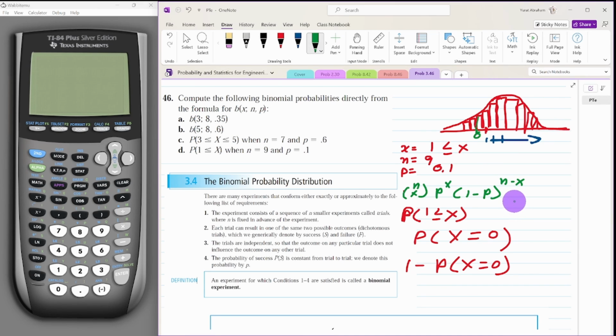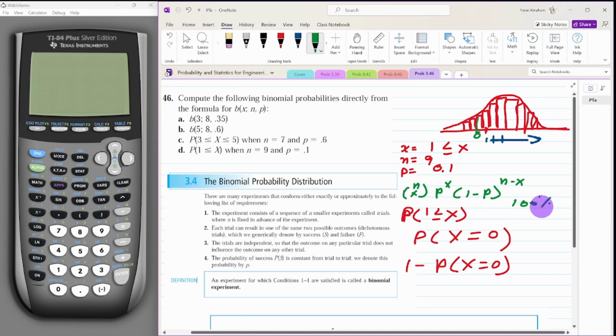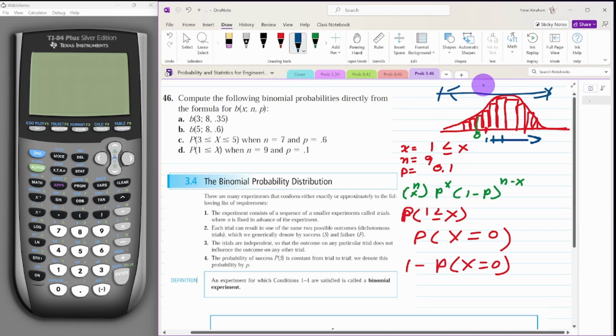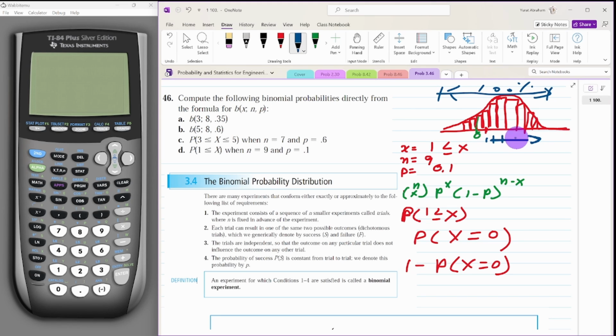Remember, probability of 100% is the whole thing. If the whole thing is 100%, and you want to know 1 and bigger, or at least 1, that means we can grab 0 and subtract from 1, and then we get the other probability. And why 1 and not 100 is because we don't do math with percentages.